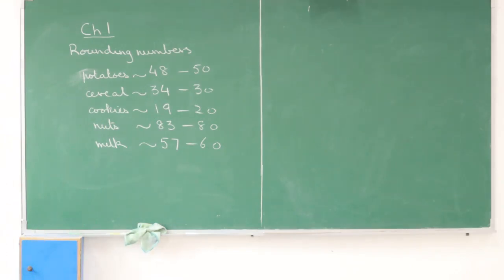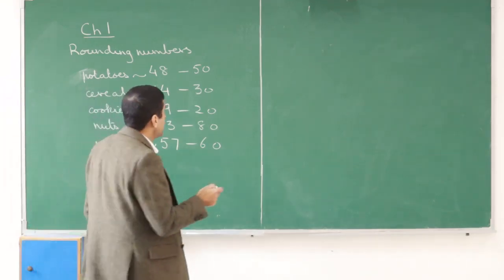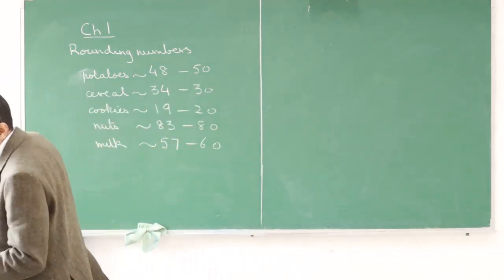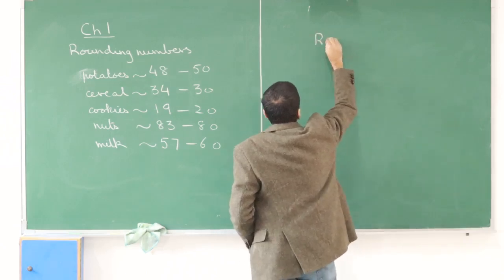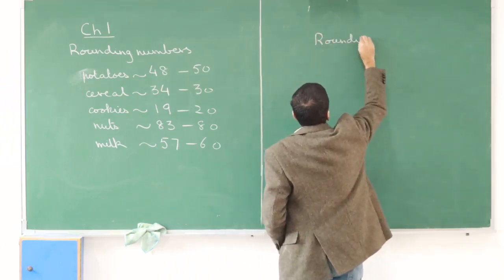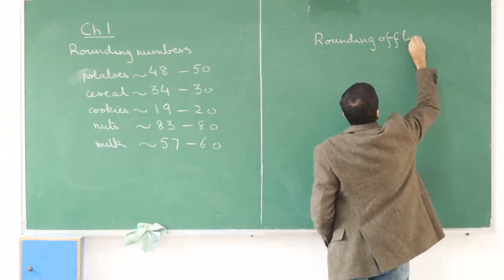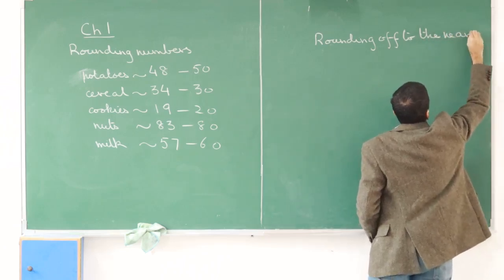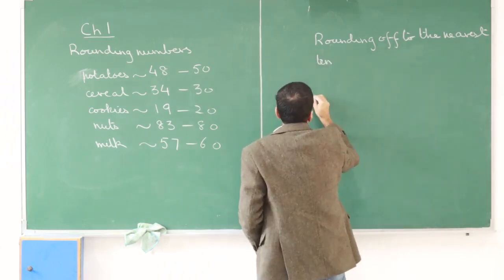rounding off. So right now we're going to talk about rounding off to the nearest 10. Let's say you're trying to round off to the nearest 10. So what does rounding off to the nearest 10 mean?